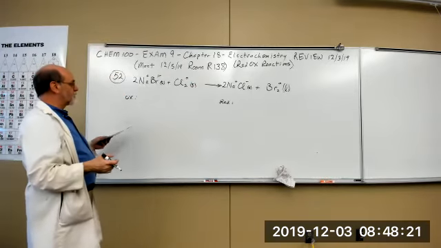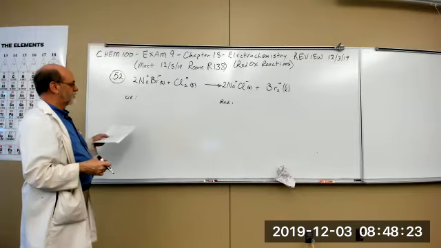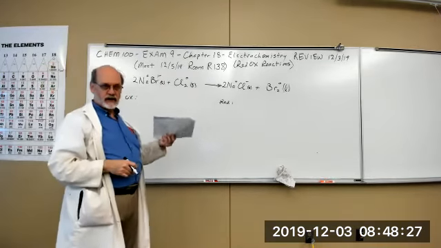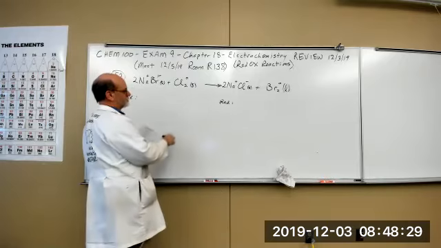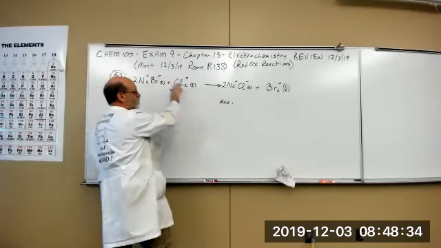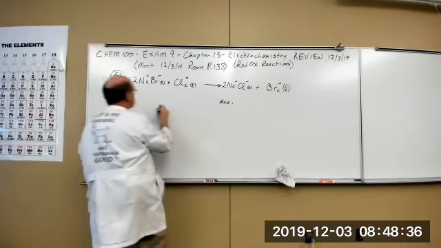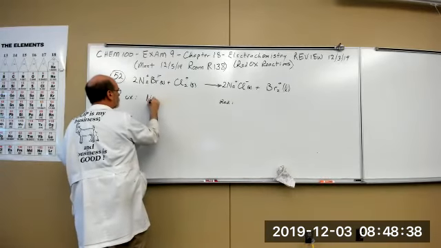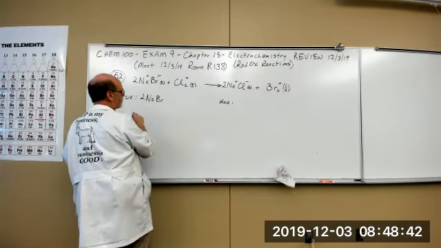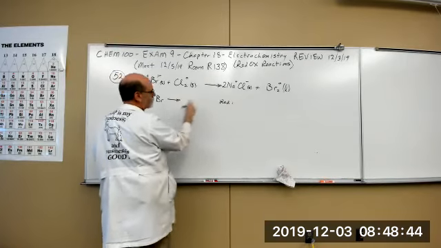So now all you have to do is decide which one's the oxidation. Which one gets oxidized? Oxidation is loss. Which one loses electrons? Bromine loses electrons. It goes from a -1 to a 0. So we're actually going from this one to this one.